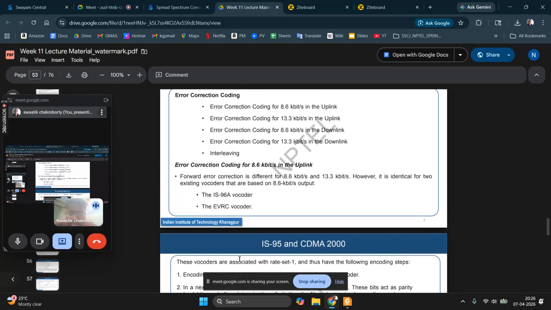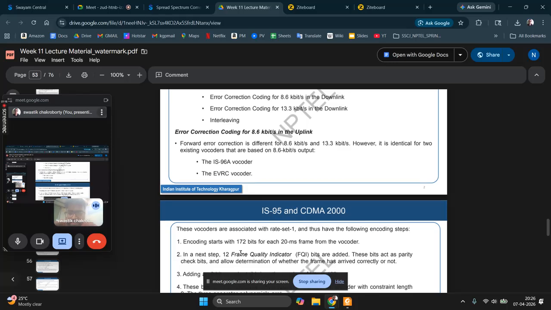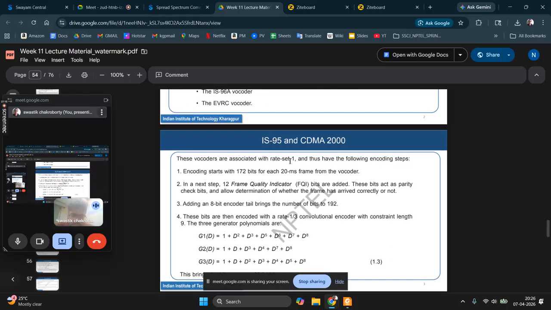Now we come to error correction coding for 8.6 kbps in the uplink. Forward error correction is different for 8.6 and 13.3, however it is identical for the two existing vocoders based on 8.6 kbps output. These vocoders are associated with rate set 1 and have the following encoding steps.